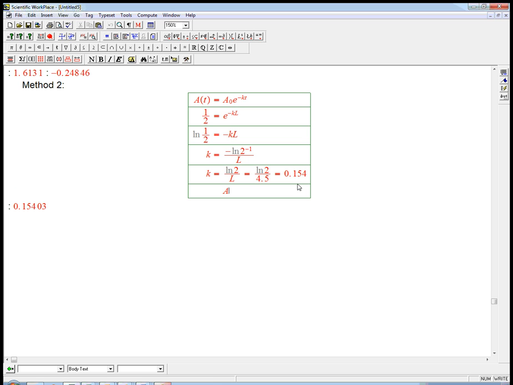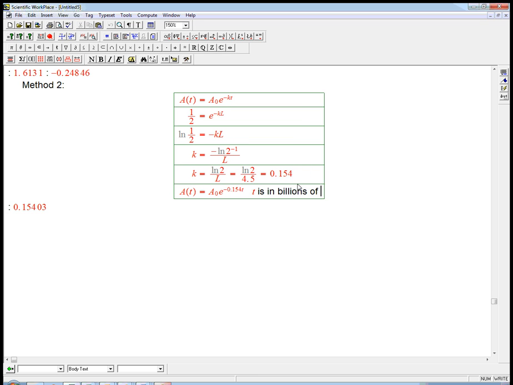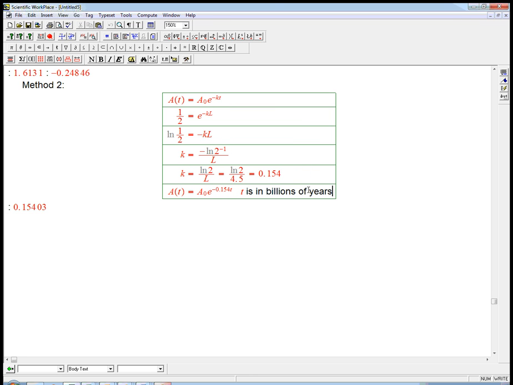So our equation, this is still just preliminary work, but it can be very useful if you're talking with somebody who really wants it in this form, and especially if you want to start doing calculus calculations with this. And I'm just going to remind myself that T is in billions of years. Okay. Now we're ready to go.